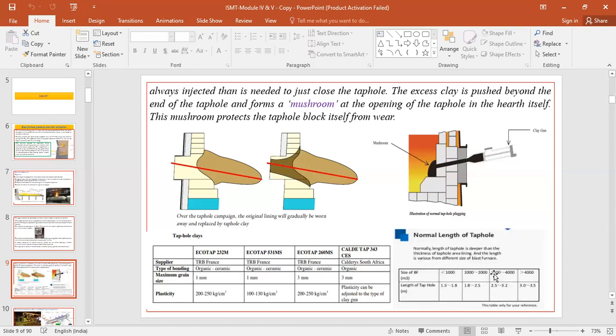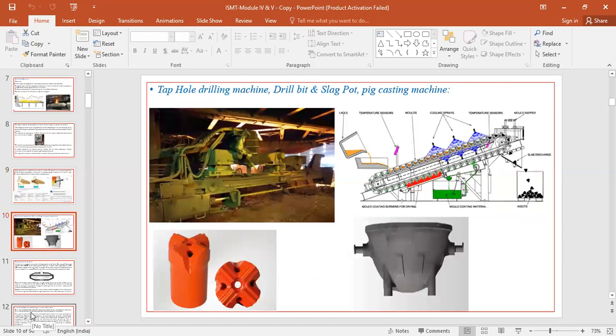If the size is between 1,000 and 2,000, then it is 1.8 to 2.5. If it is 2,000 to 4,000 cubic meters, the length of the tap hole may be approximately 2.5 to 3.2. And if it is greater than 4,000 cubic meters, then it will be approximately 3 to 3.5. So this is how the length of the tap hole varies from furnace to furnace based upon its dimension.